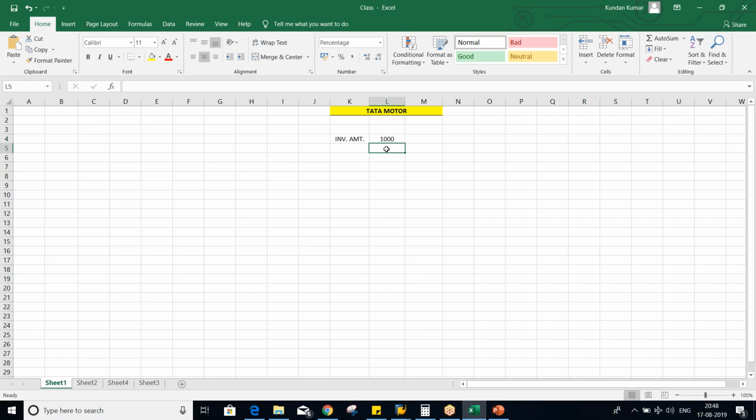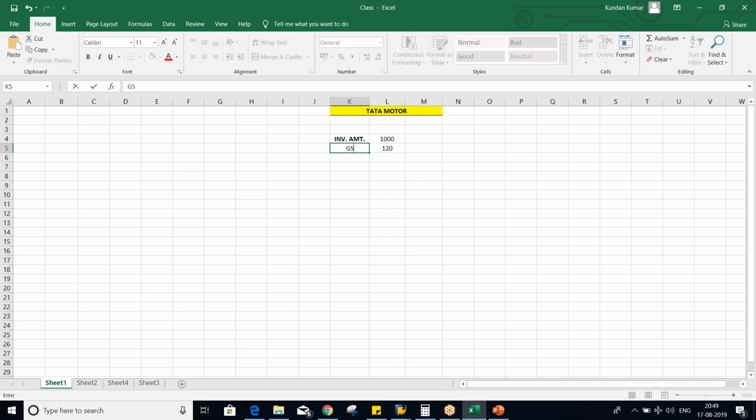Here, this is the invoice amount, right? Now let's suppose we also have GST input, that is 12%, so it will be 120 rupees.